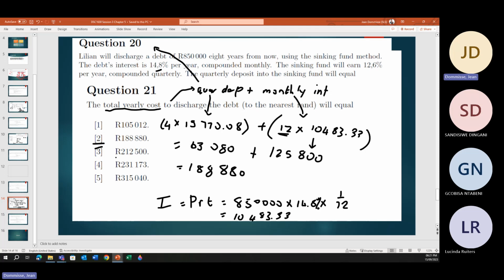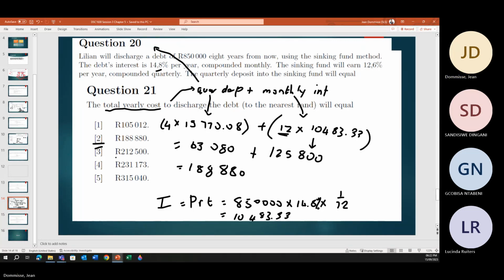Okay, so important here was they told us that we need to work out the yearly cost. In that yearly cost, there are basically two components. The one is your quarterly deposits.